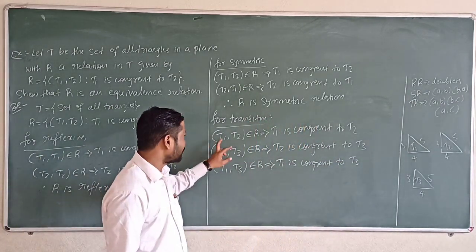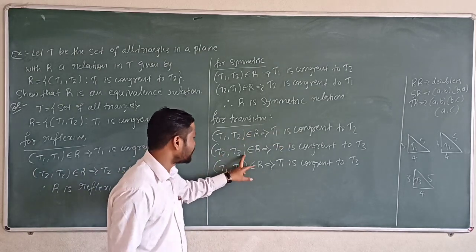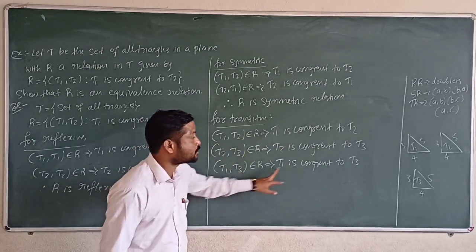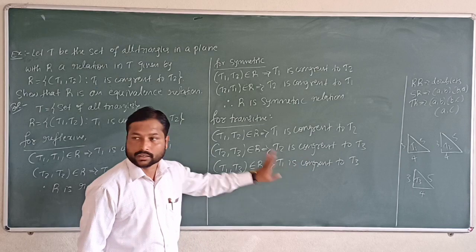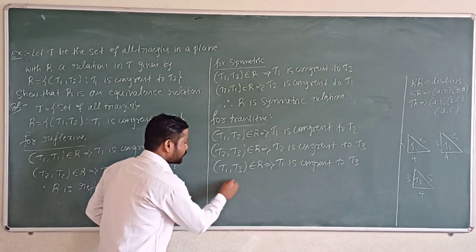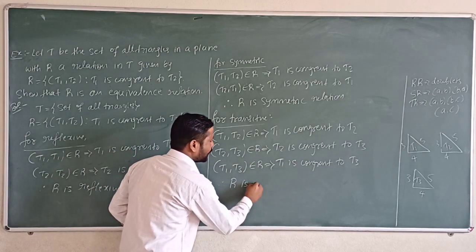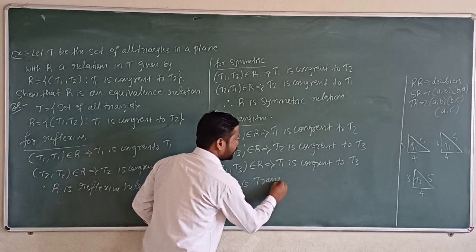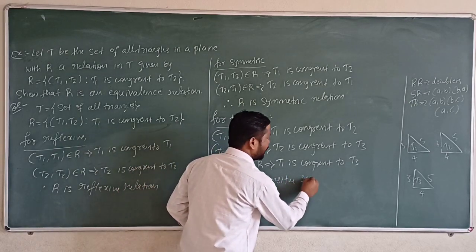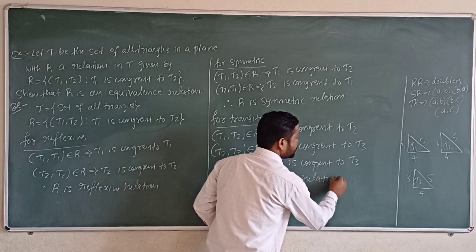So therefore (a, b) satisfies, (b, c) satisfies, then (a, c) also satisfies the relation, right? So therefore R is a transitive relation.